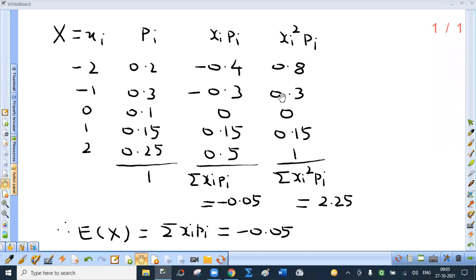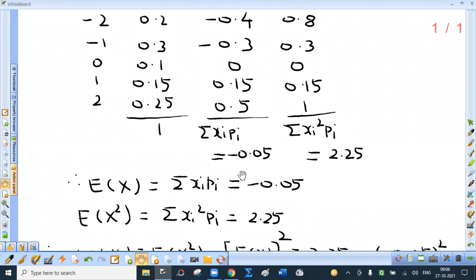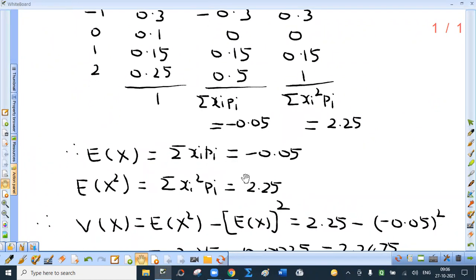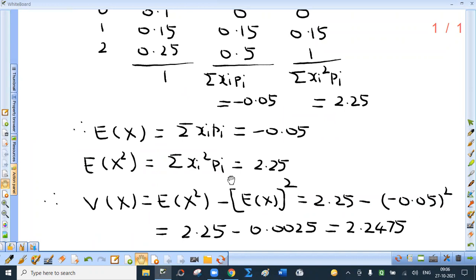Yes, so these are the entries. What is sigma xi pi? It is minus 0.05. Then what is sigma xi square pi? It is 2.25. So expected value is sigma xi pi, that is minus 0.05. E of x square is sigma xi square into pi, that is 2.25.